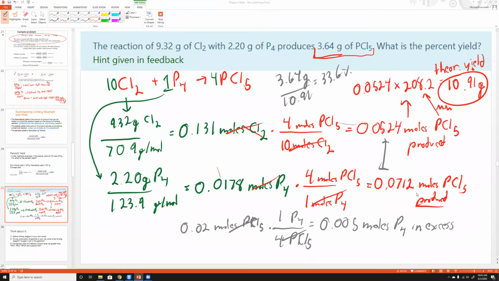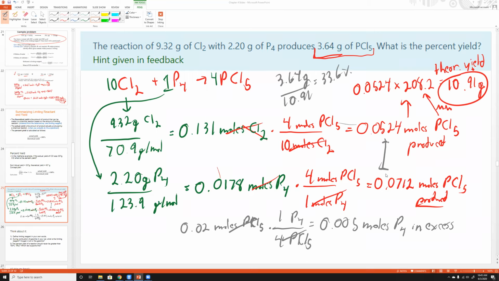Okay, so this is a scenario where I was like, what if they ask for the amount of excess? Now, if you subtract the moles of PCl5 produced from the limiting reactant and the non-limiting reactant, you'll get 0.07 and 0.05. You get around 0.02.